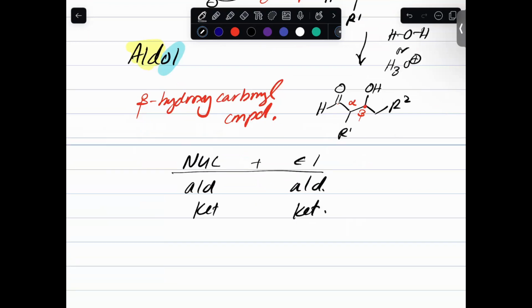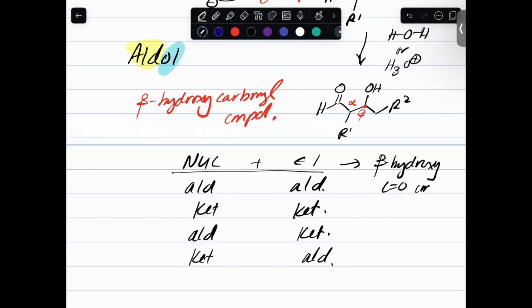It can also be between an aldehyde and a ketone, where the aldehyde's the nucleophile and the ketone's the electrophile, or it can be between a ketone nucleophile and an aldehyde electrophile. Regardless of what the carbonyl compound is, aldehyde or ketone, you will always get a beta hydroxy carbonyl compound. There's no ands or buts about it.